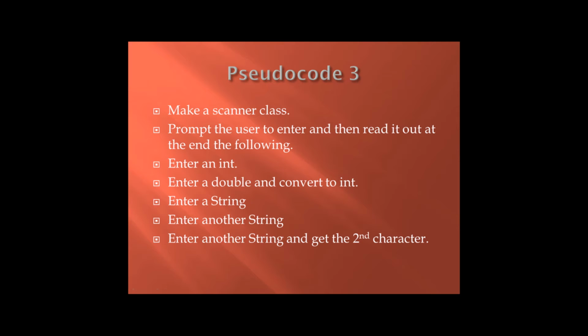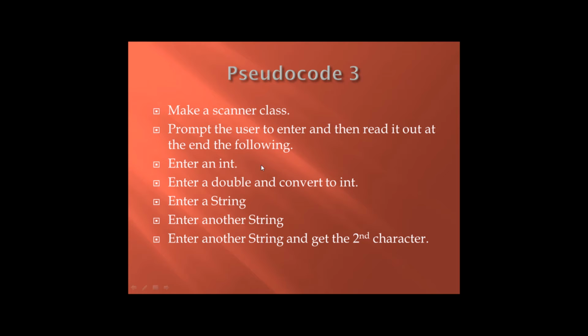JOptionPane's showOptionDialog. See, I want to get this line right. Yeah, showOptionDialog. And now what you need is going to be better explained when I show the code, by the way.